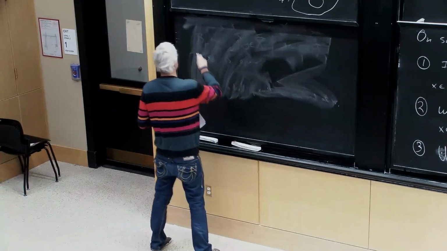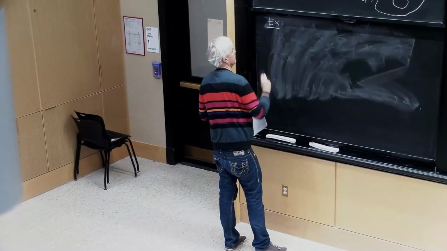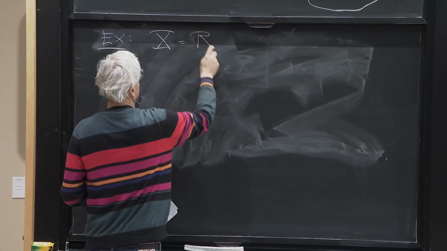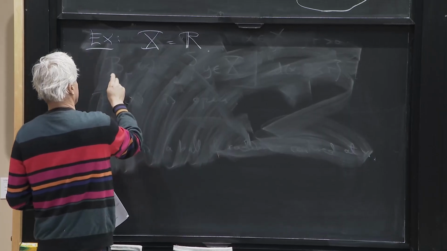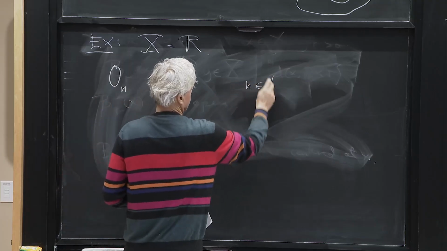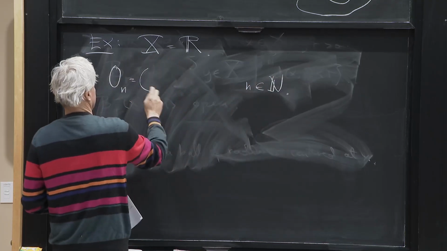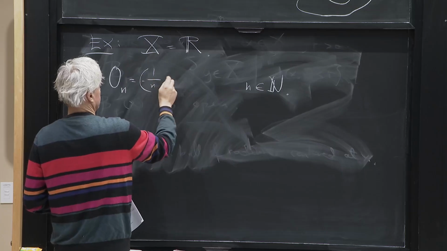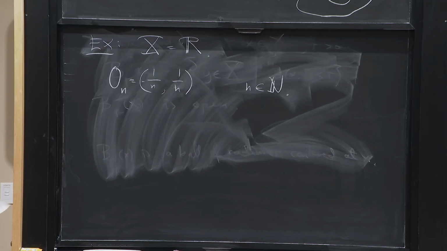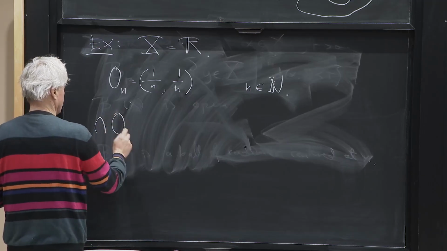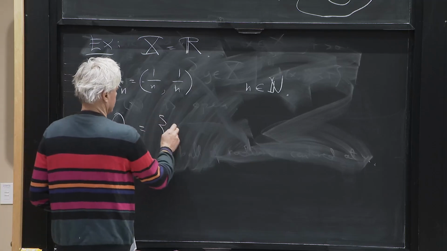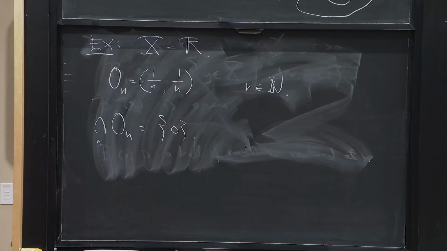The example from last time is that if X is the real numbers and O_n, with n a natural number, is the interval from -1/n to 1/n, then if you look at the intersection of all of these, that's just the one point, 0.